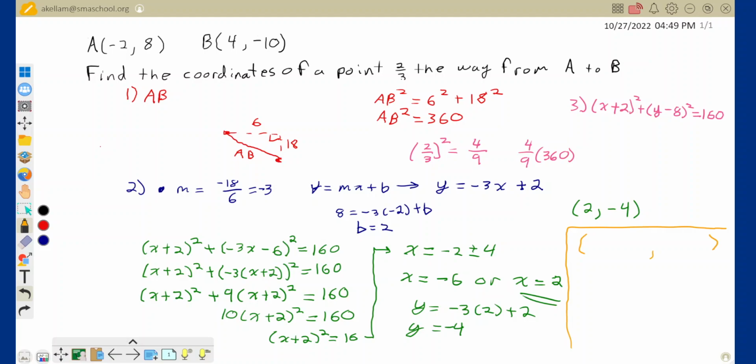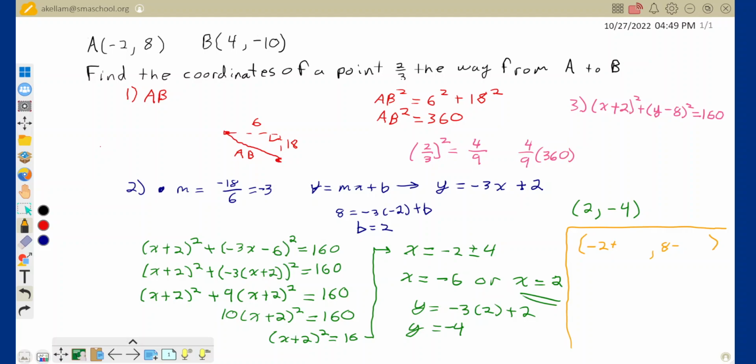Well, we're starting at A, so my initial value for my x is -2. My initial value for my y is 8. Then I need to determine if I'm increasing or decreasing. Well, -2 to 4 is definitely an increase, so I'm going to add. 8 to -10 is definitely a decrease, so I'm going to subtract.